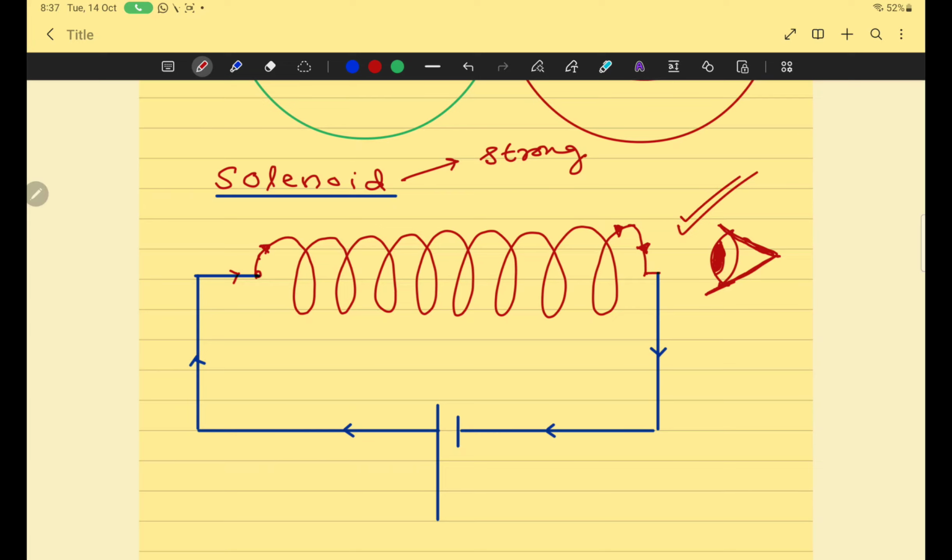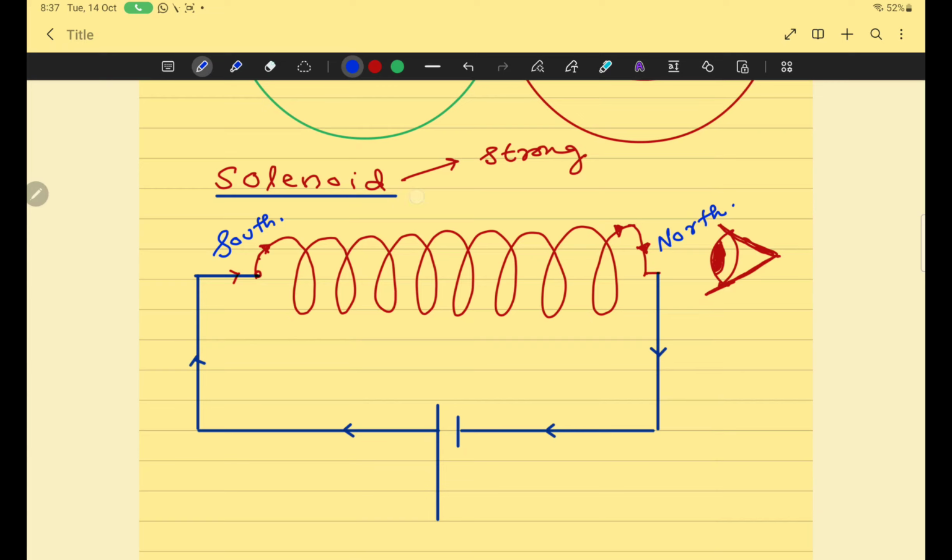This is clockwise. And if the current is in clockwise direction, here will be the north pole. And obviously the other side will be the south pole. So if you view the coil from the right hand side, and if the current is in clockwise direction, there will be a north pole, and on the other side there will be a south pole.